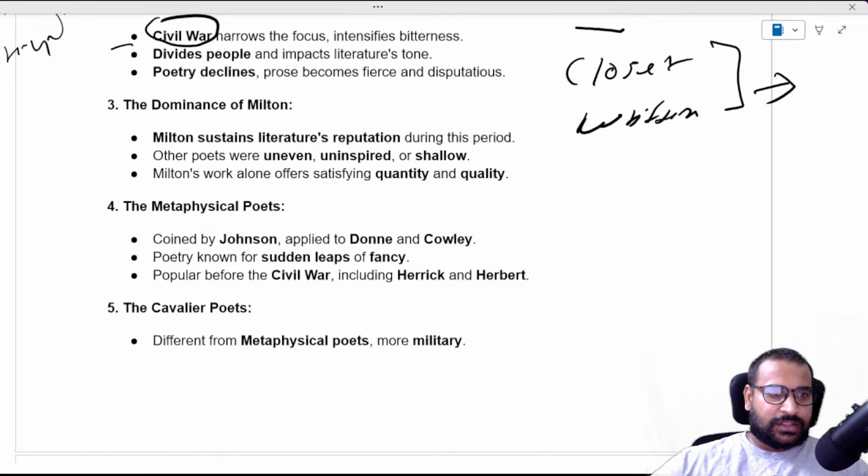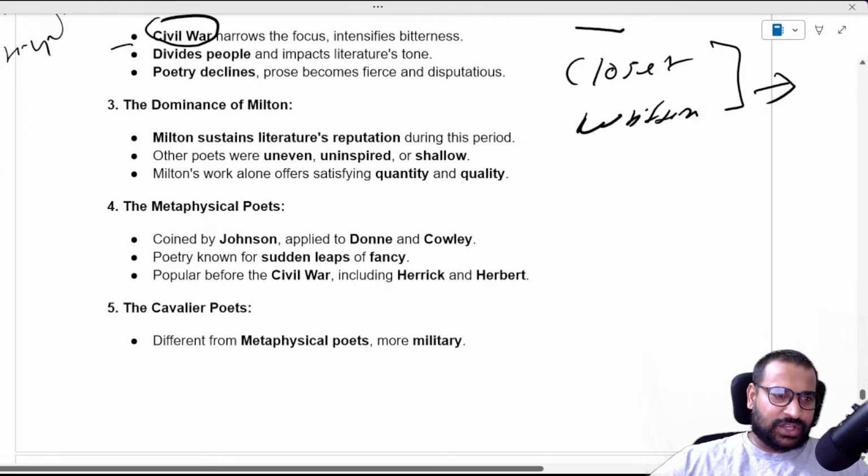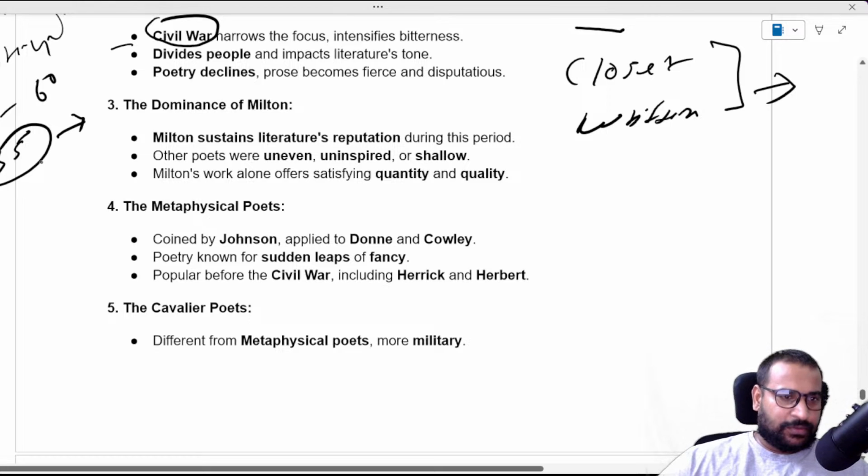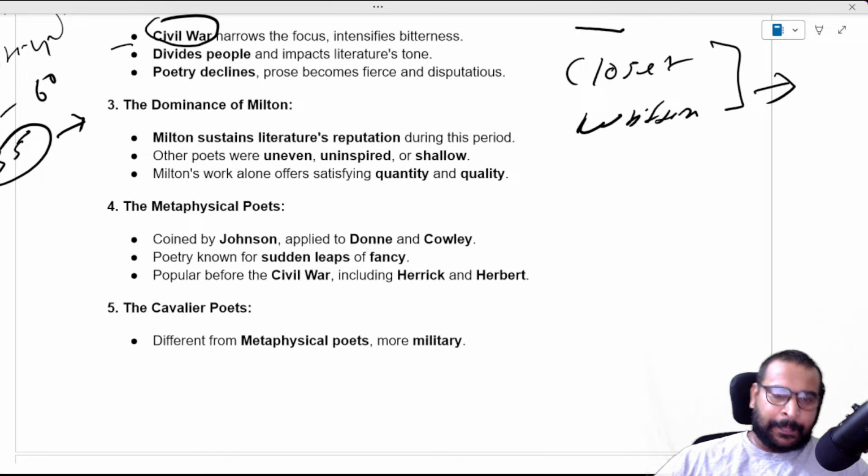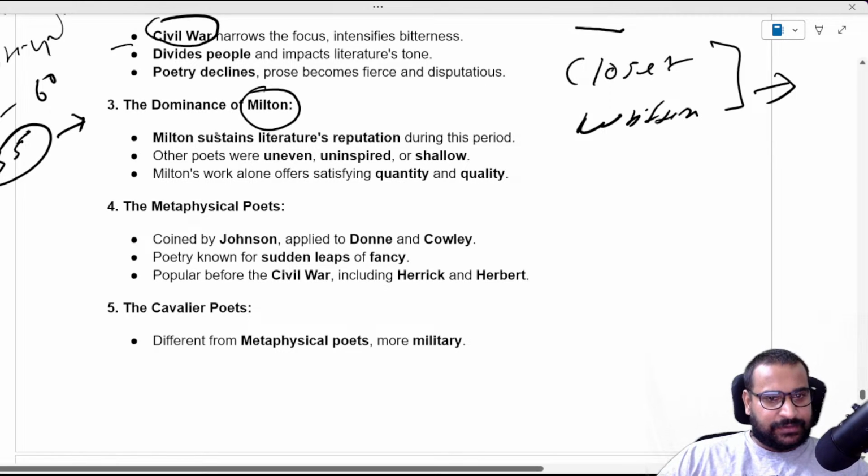So this whole period is not too long, as you know, 1625 to 1660, somewhere around 35 years, a very small number of years. If you are just considering 100 years, then 35 is quite less for you, right? So in 35 years, who dominated most? Our Milton.